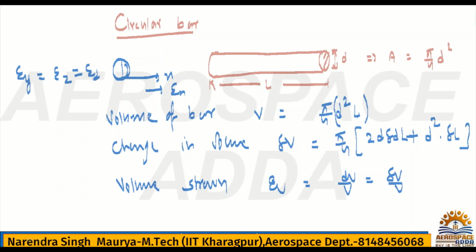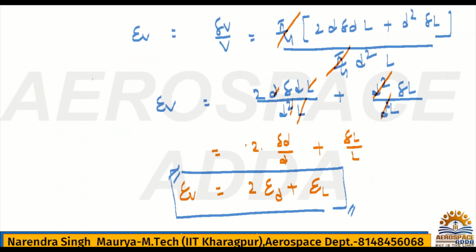So instead of epsilon d, you can write epsilon y, or you can write epsilon z. The meaning will be the same. There should not be any confusion. So ultimately, epsilon v, which is nothing but volumetric strain, is 2 times the strain in the y direction, plus the strain in the x direction or L direction. You can write it the other way also.